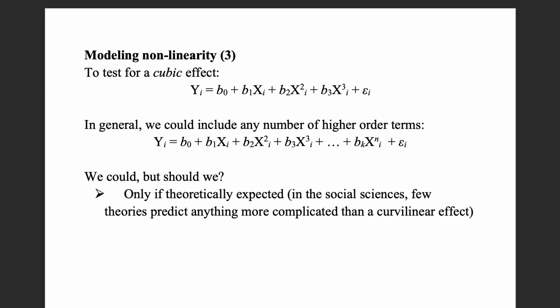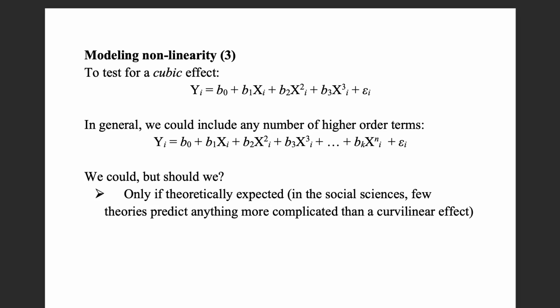So it is not uncommon to have theories where a curvilinear effect is predicted, but theories where something like a cubic effect or even more complicated effects are predicted, that's really, really rare. To the point that I think that those are almost non-existent. And of course, if you don't theoretically expect such a complicated effect to exist, then why would you include it in your model?